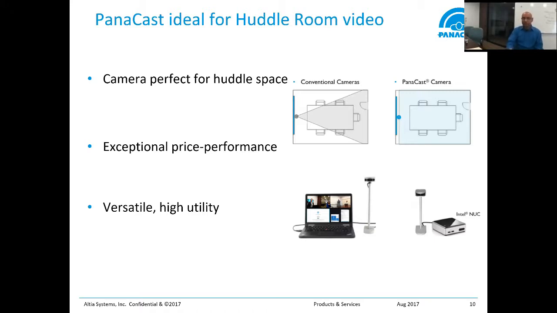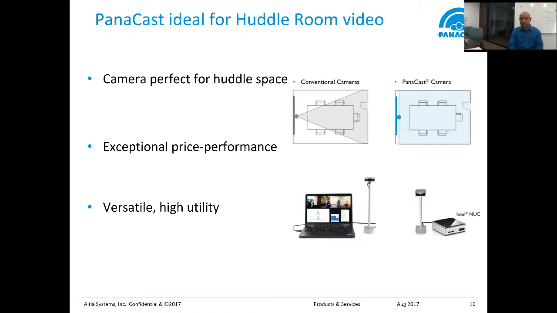So with the PanaCast 2 camera, the beauty is that wherever you place it, whether it's underneath the monitor or at the head of the table, anything that is within the 180-degree field of view of the camera can be seen by the remote site.